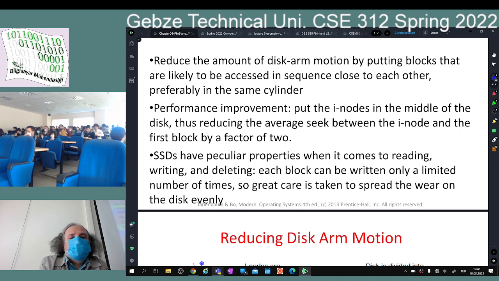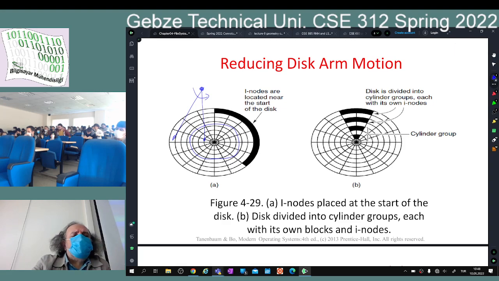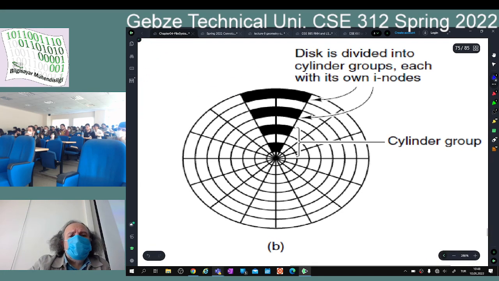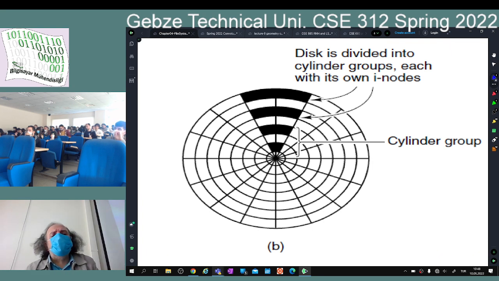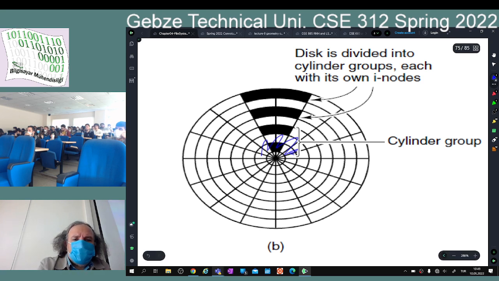That's what some people say, but some other people say, why don't we apply the same idea like this? I am going to partition my disk into areas. This is area number 1, these two tracks, and area number 2 is this concentric ring just after that, and area number 3 is, for example, this one.